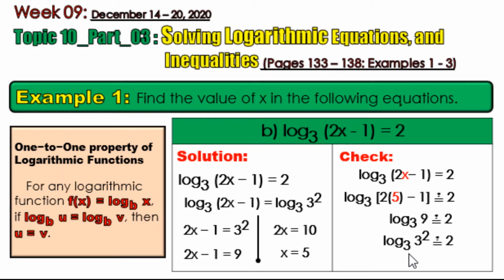Applying the basic property of logarithms, the value of this part of the equation is 2, the exponent of 3. So we have 2 is equal to 2, and since they are equal, therefore the value of x is equal to 5.